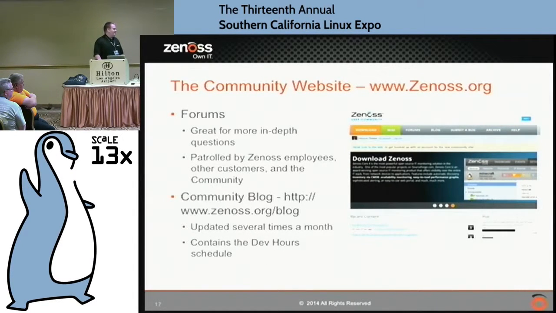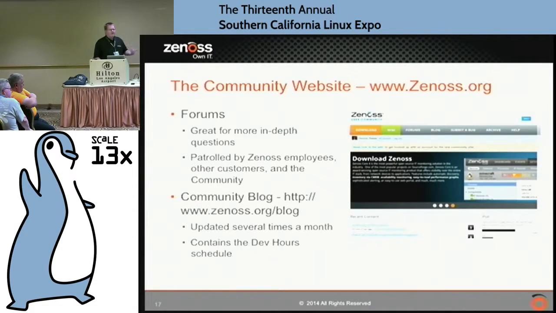If you can't find it, we have the community website. The community website has a forum, has a blog that I update occasionally. The one useful thing that you'll find on the blog is the dev hour schedule.